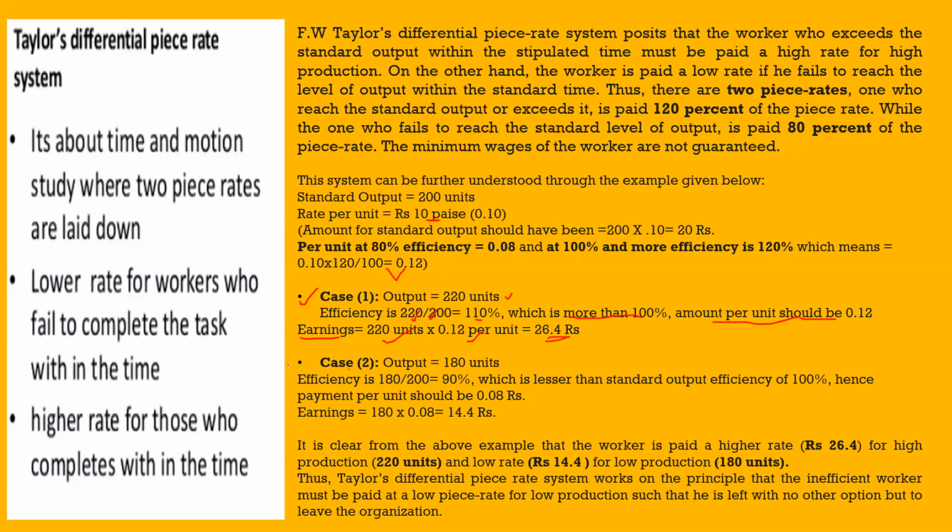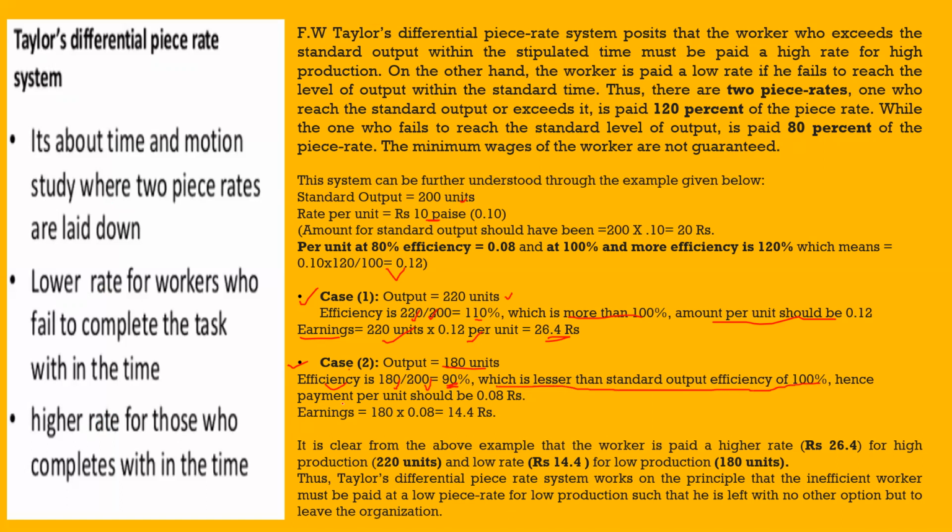In case 2, output is 180 units, obviously lesser than the provided standard units. Efficiency, that is actual output divided by standard output, is 90%, which is lesser than the standard efficiency of 100%.